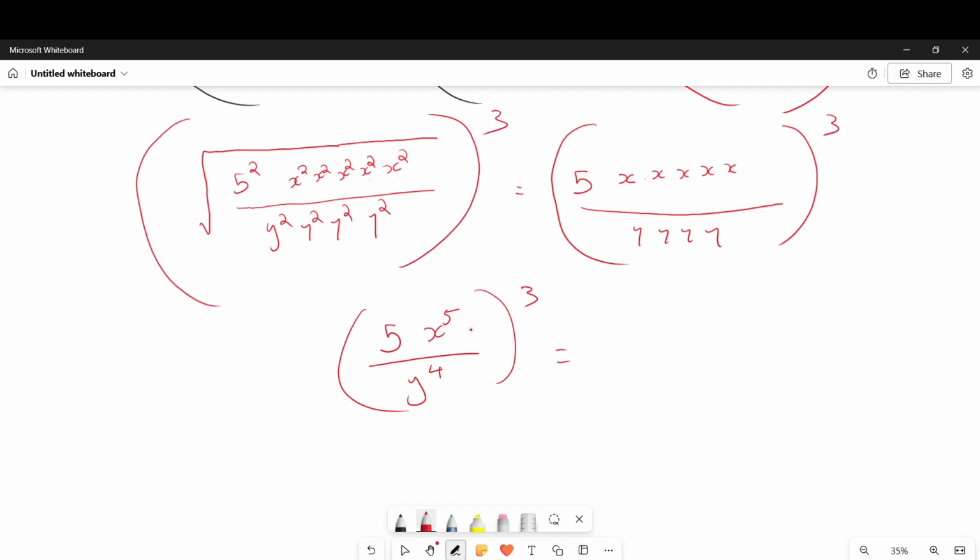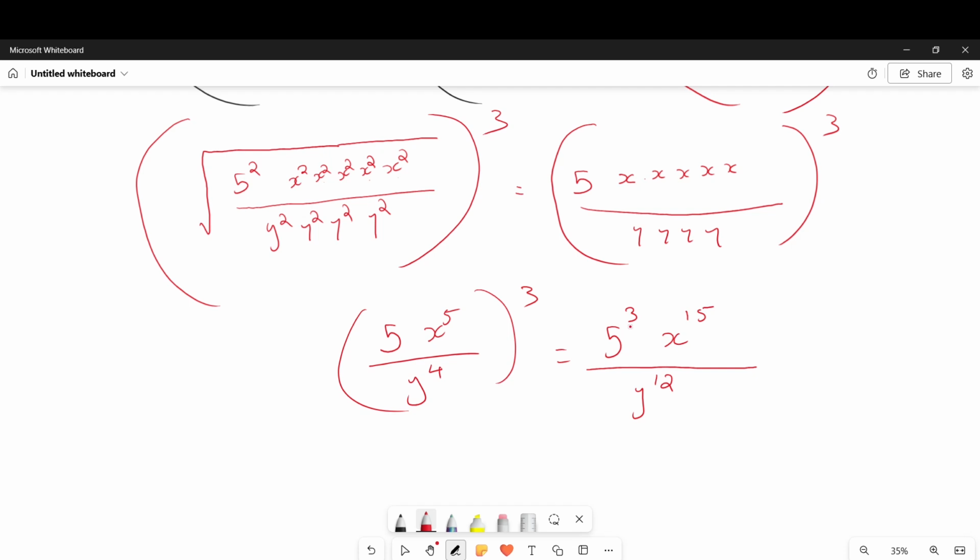So what to do is just distribute this power. So 5 cube, and x raised to 5 into 3 is 15, divided by y, 4 times 3 is 12.